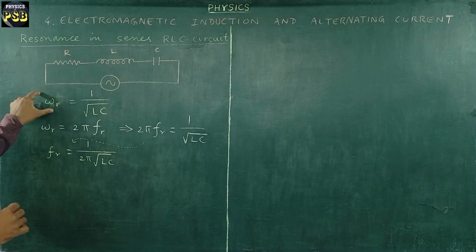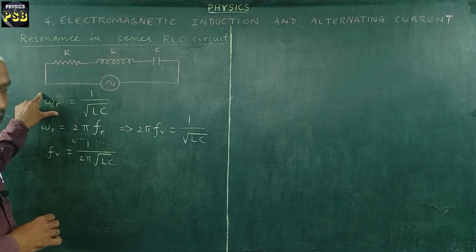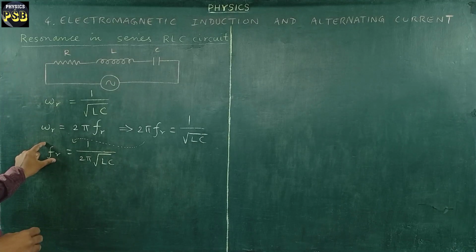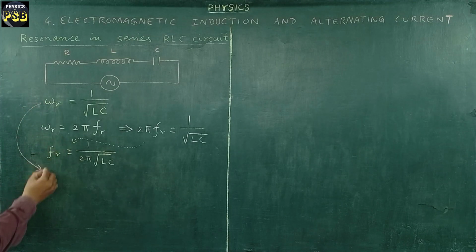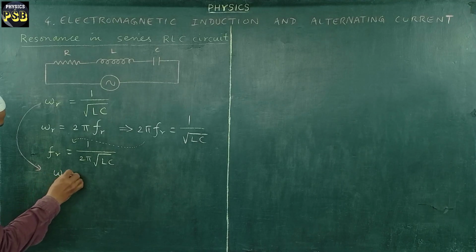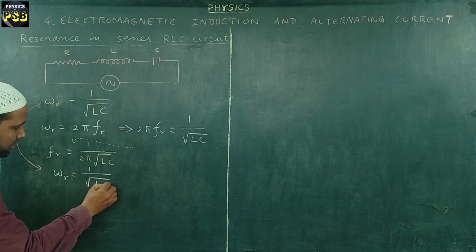Okay. This represents angular frequency and this represents frequency. So I take the resonant condition now. This equation I write here. Omega R equals 1 upon root of LC.